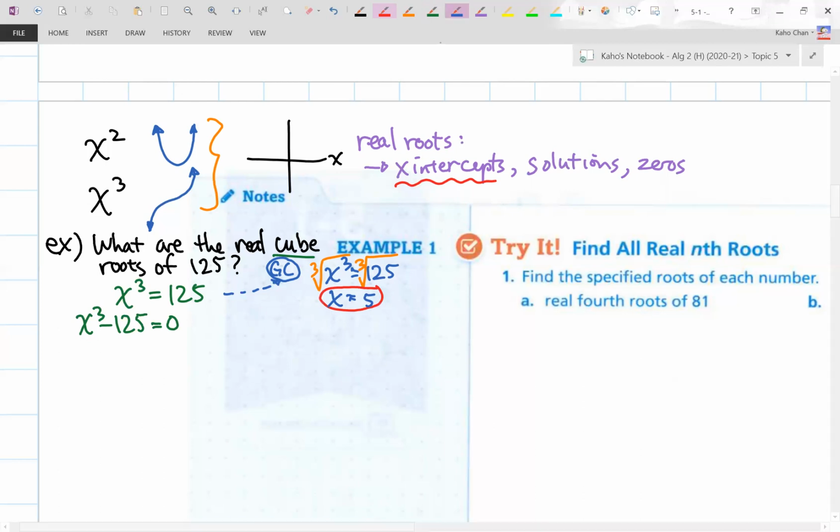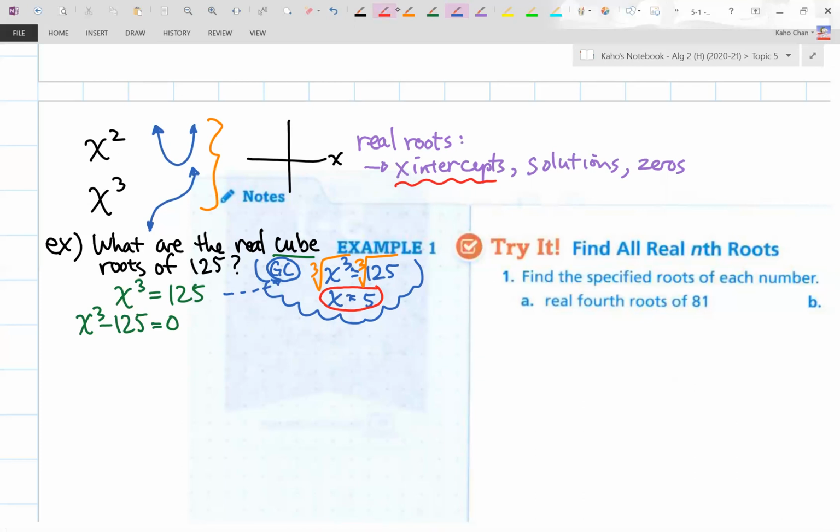I don't know. So I'm going to do this problem 2 ways. You have to keep in mind, we have to keep track of all the possible roots that are real. Okay, now here's the thing. X to the third minus 125 is actually a special polynomial that can be factored.